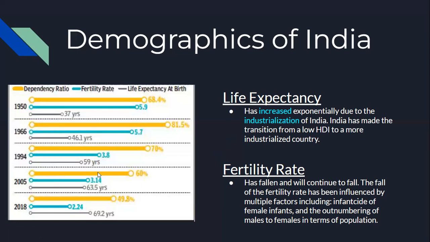Now, as we see in the chart with the blue indicating the fertility rate, it has actually fallen, and most scientists believe that it will continue to fall, and it's influenced by many different factors, including infanticide of female infants, because most ideologies in the region prefer sons because they believe that sons will bring wealth and status to the family. And also the outnumbering of males to females when it comes to population.